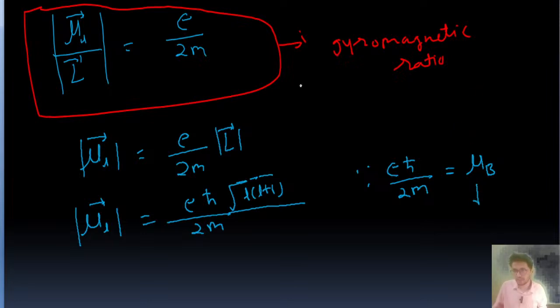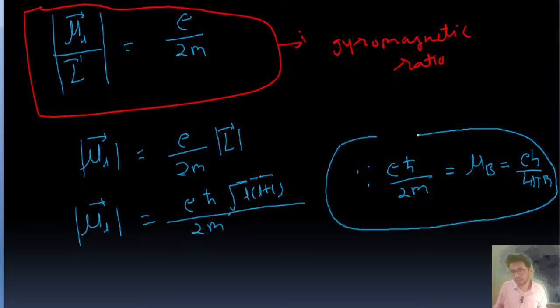Or we can write, since h cut is h upon 2 pi, it equals e h upon 4 pi m. And this is the Bohr magneton, mu B.